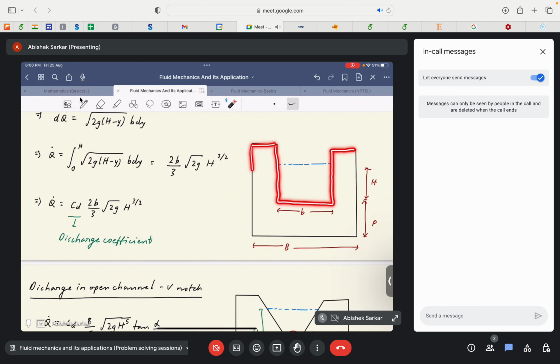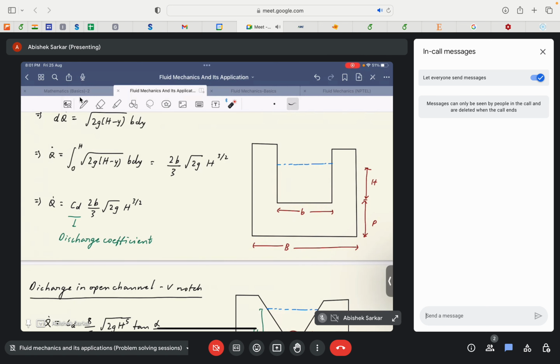So we can assume a square shaped weir, where the point of contact of the liquid is actually rectangular, but for the sake of simplicity, we can say this shape is square.